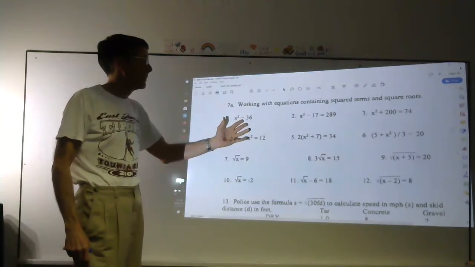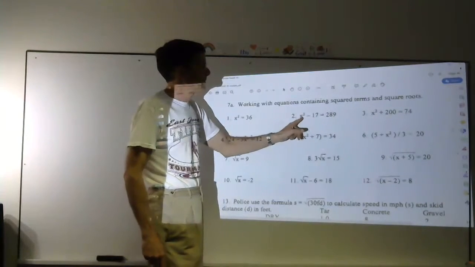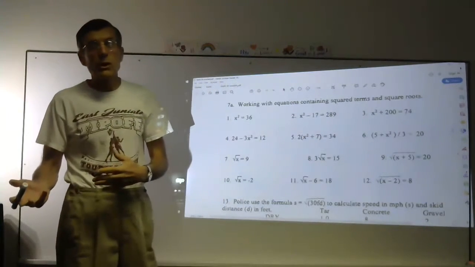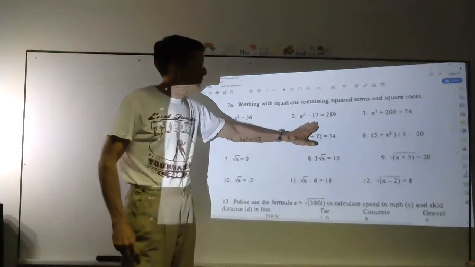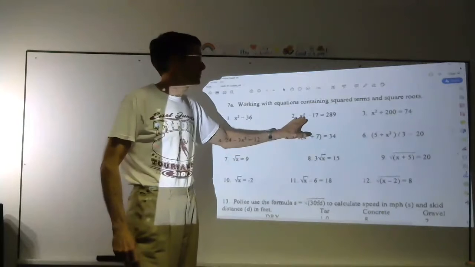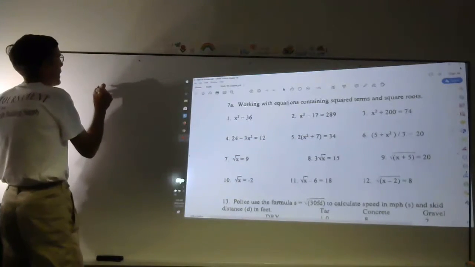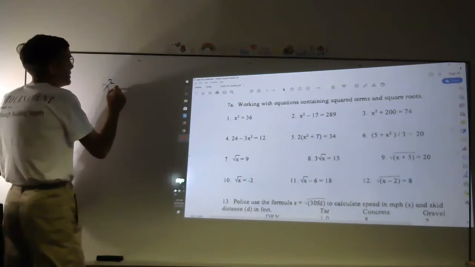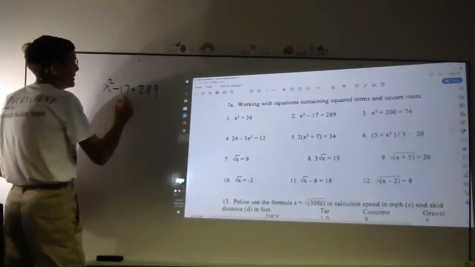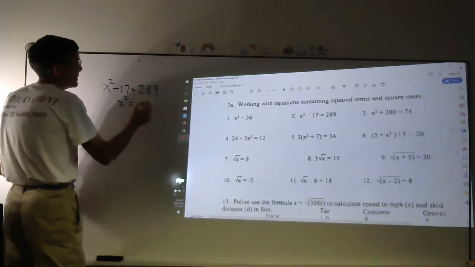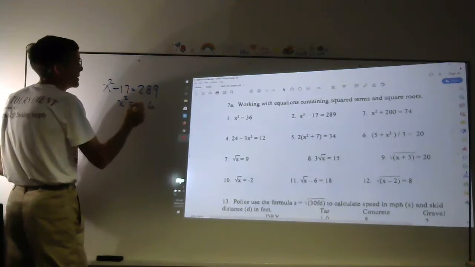Now over here in this particular problem, just like when you solve a simple equation and try to get x by itself, it would make sense to try to get x squared by itself. So we're going to add 17 to both sides. I have x squared minus 17 equals 289. If I add 17, I get 306.